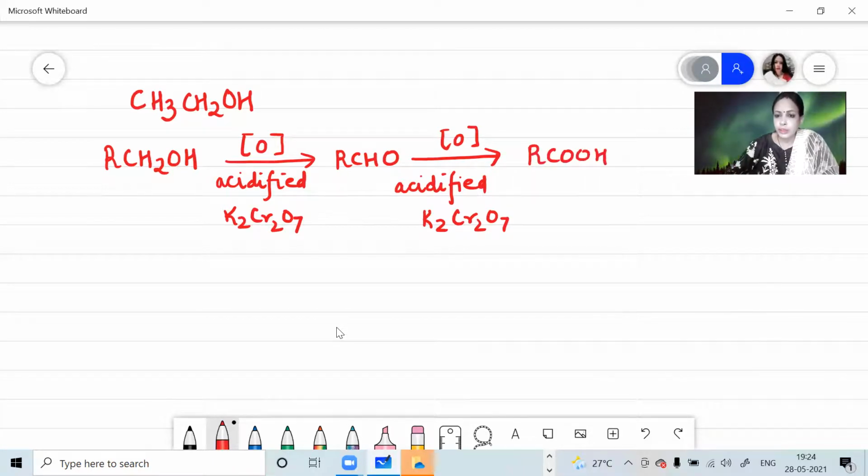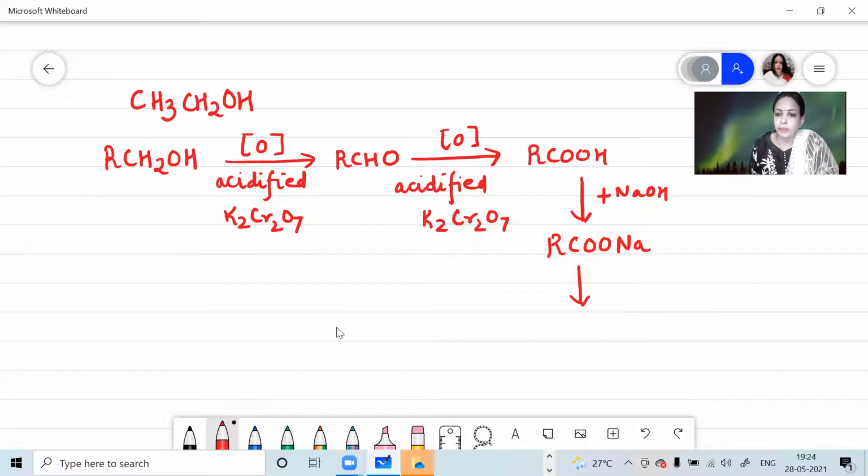Now this carboxylic acid, when it is treated with NaOH, your NaOH is an alkali, and alkali being treated with an acid, neutralization will occur, salt and water will be formed. So here the salt which you will get will be RCOONa, sodium carboxylate.